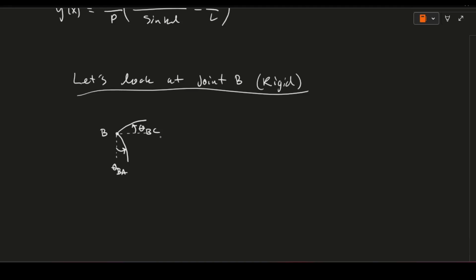I call them BA and BC because we are going from B to A down here. We're going from B to C there. That's why I denoted them as BC and BA. So the trick here is to say that the angle BC has to be equal to the angle BA.